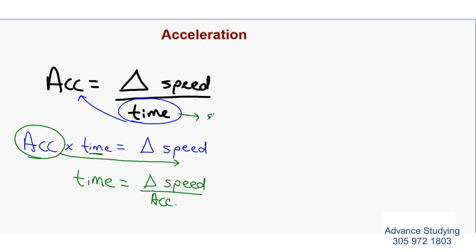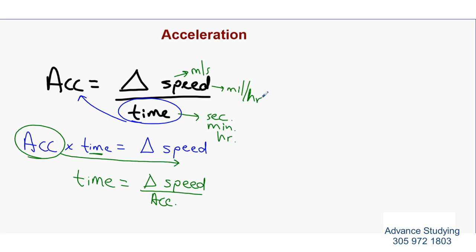Time is either seconds, it could be minutes, it could be hours, anything dealing with time. Speed itself, it could be meters per second, it could be miles per hour. You just have to be careful as to what's given to you.